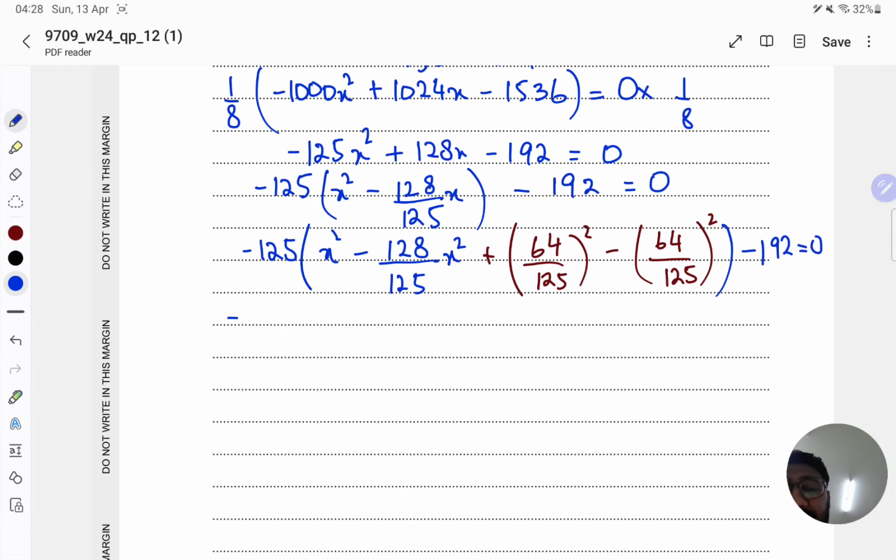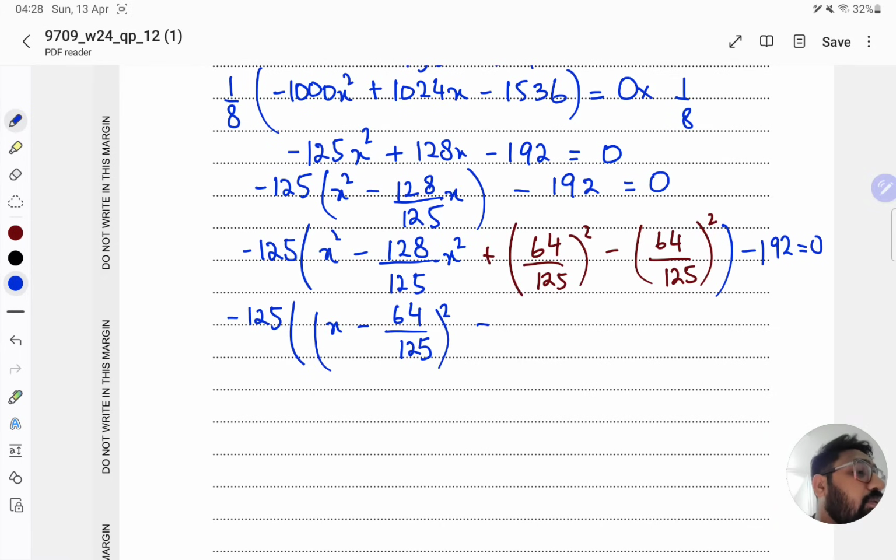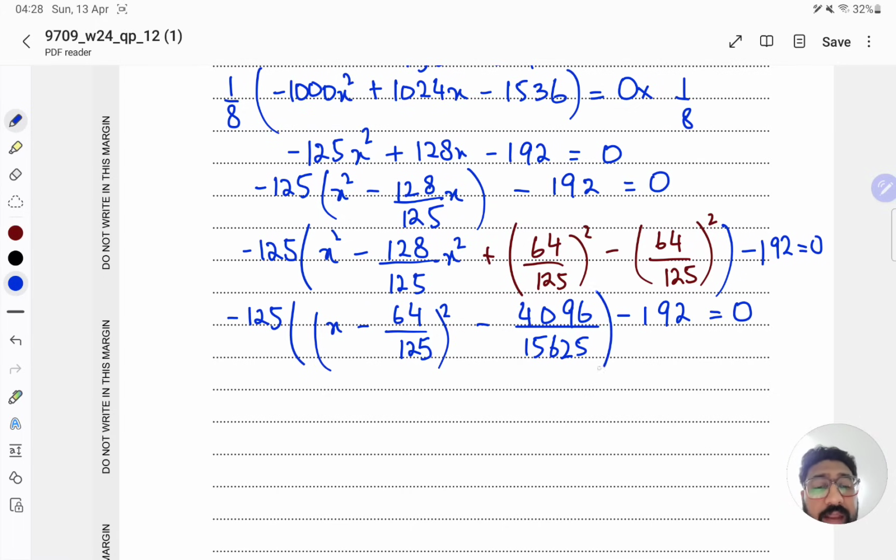So if I further simplify, it will be minus 125 bracket x minus 64 by 125 whole square minus 64 divided by 125 square, which is 4096 divided by 15625, minus 192 equals 0. Remember, there is a bracket here as well.